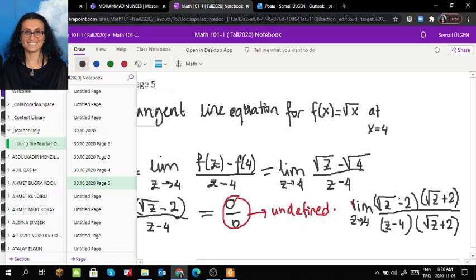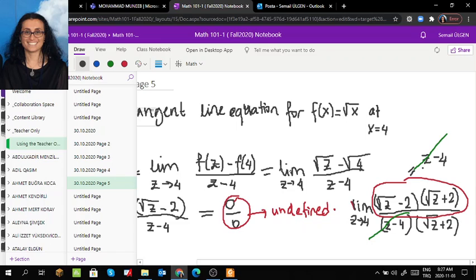On top, you're going to see the top part, which is this part. That part is z minus 4, but we have z minus 4 in the denominator as well. They cancel each other, so this thing cancels with this thing in green.